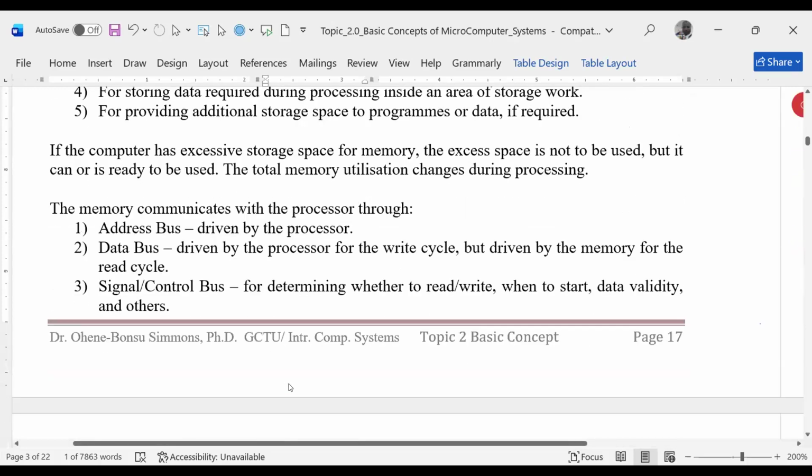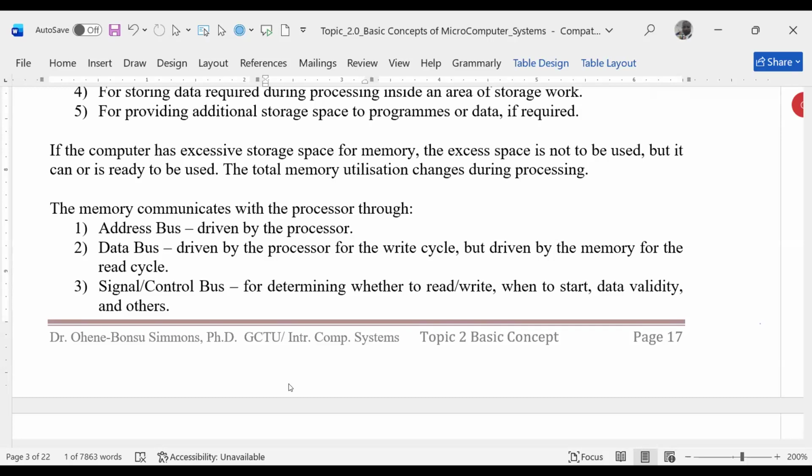The memory and the processor communicate through what is called a bus. And the bus is a component in our field that connects internal devices together. The bus here is like a lane, a road that connects one town to another, one city to another.